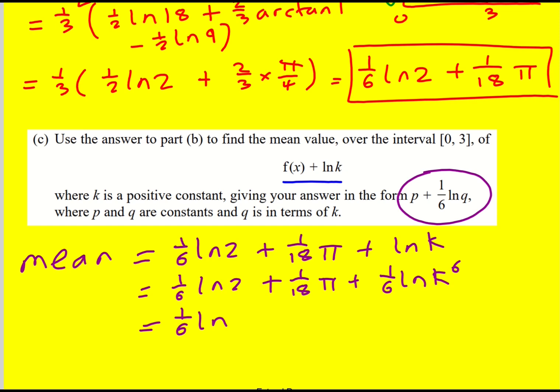So it will become 1/6 ln of 2k to the 6 plus 1/18 pi. I haven't quite written it as p first, so we'll do that: 1/18 pi plus a 6 ln. So that's my q, 2k to the 6.